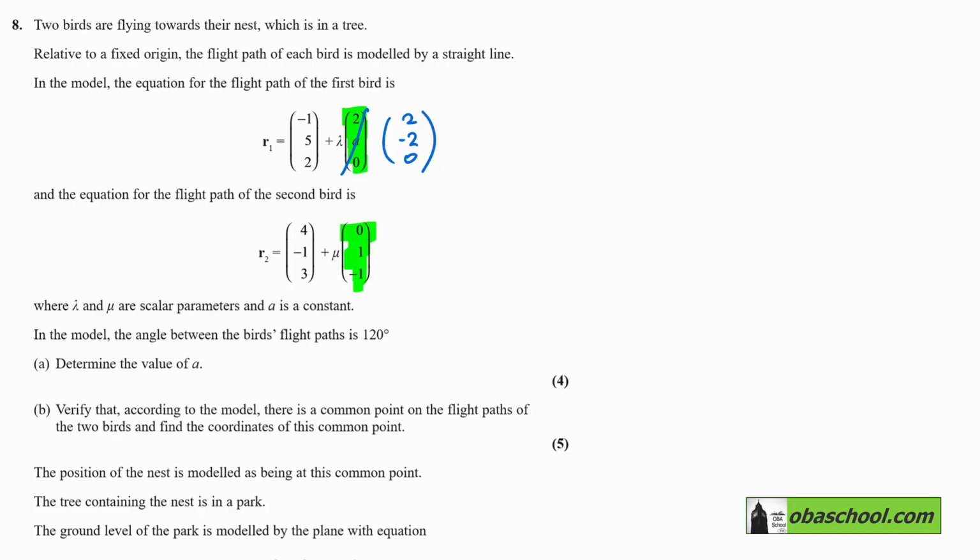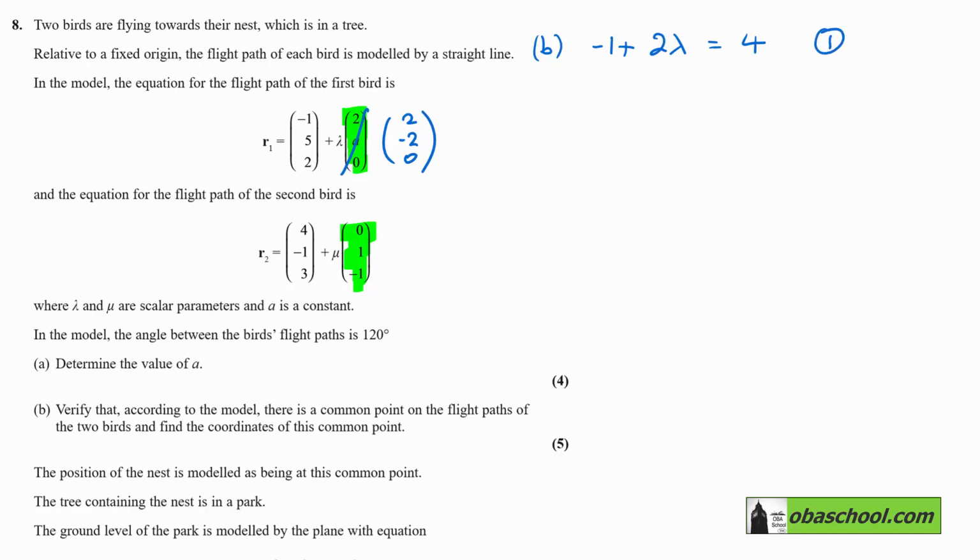Verify that, according to the model, there is a common point on the flight paths of the two birds, and find the coordinates of this common point. So we're going to need the coordinates to be the same. So we would have -1 plus 2λ is equal to 4.